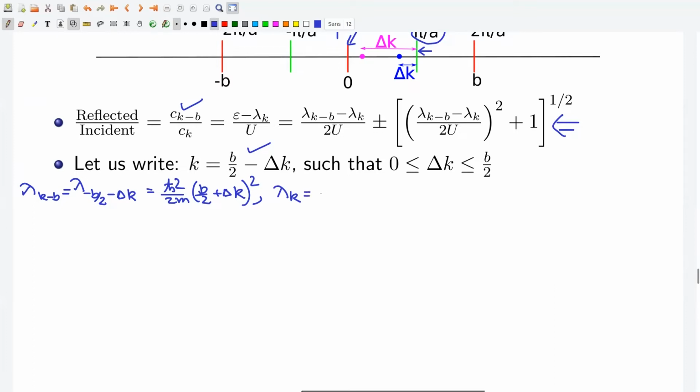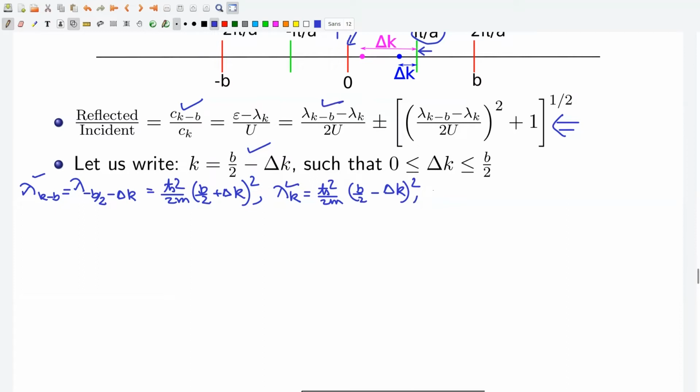Lambda_k is equal to h cross square by 2m times (b by 2 minus delta k) whole square. Subtracting lambda_k and lambda_(k-b), we get this term.